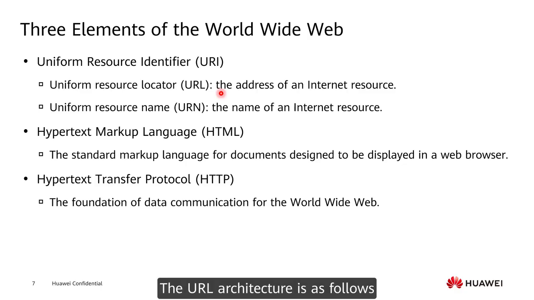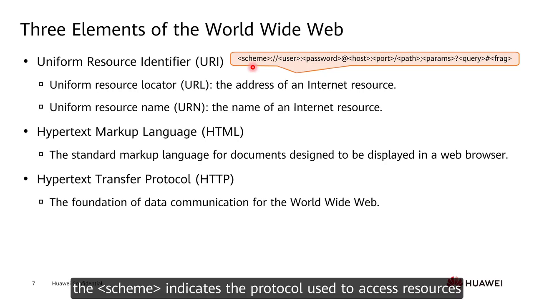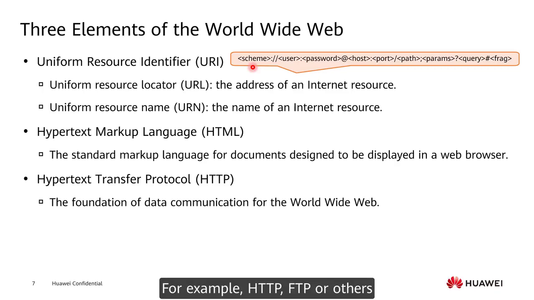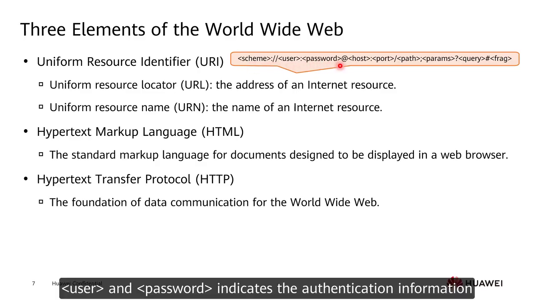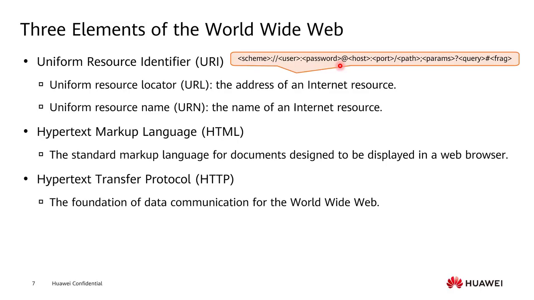The URL architecture is as follows. Let's see. The scheme indicates the protocol used to access resources, for example, HTTP, FTP, or others. User and password indicate the authentication information required for accessing these resources.